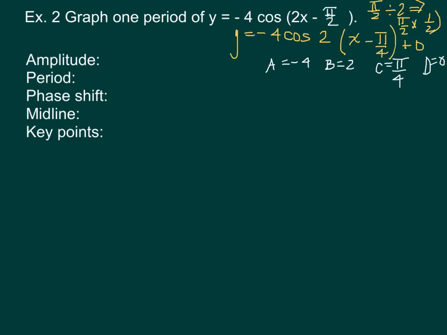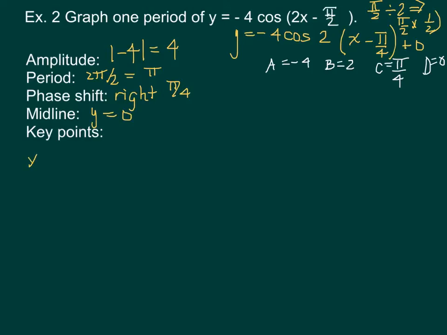So your amplitude is the absolute value of negative 4, which is 4. So that's your max. Your period is 2 pi over B, which is pi. Your phase shift, we're moving right pi over 4. Your midline is y equals 0.